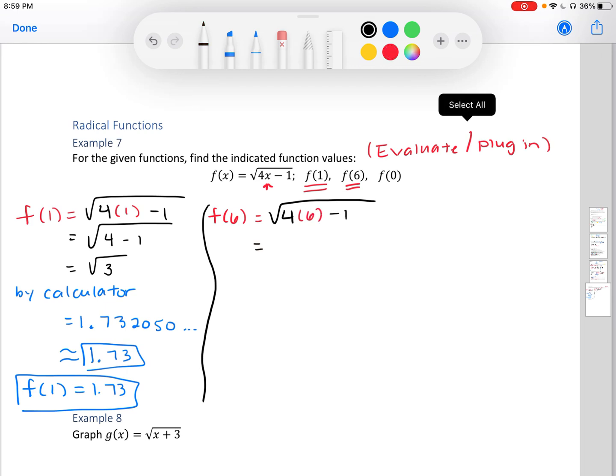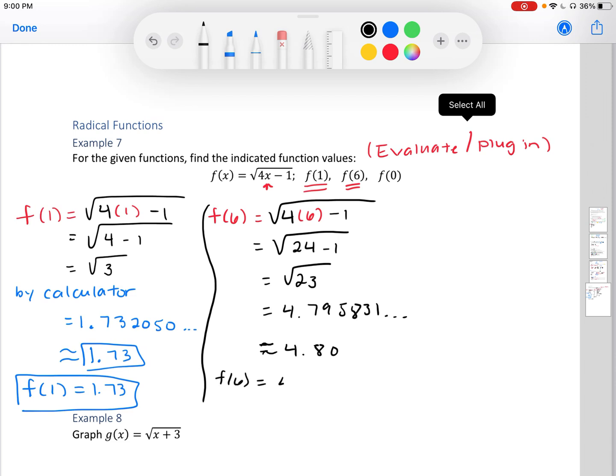All right, 4 times 6 is 24. 24 minus 1 gives us 23. 23 is not a perfect square, so we have to use our calculator. The square root of 23 gives us 4.795831, and it continues on forever. If we round to 2 decimal places, that's about 4.80. So our answer is f of 6 is 4.80.